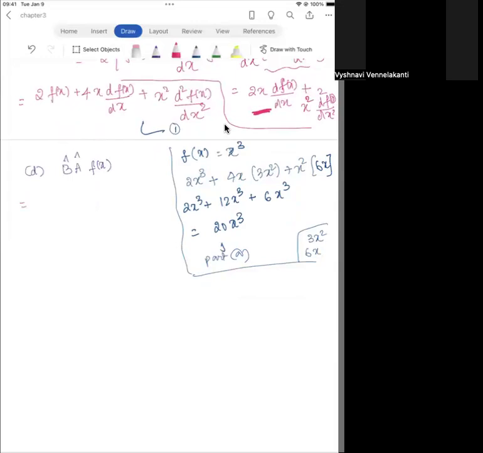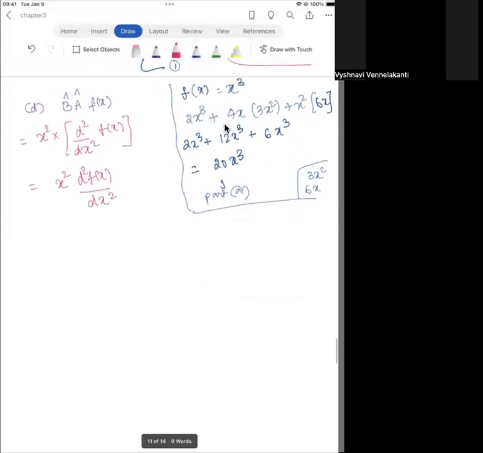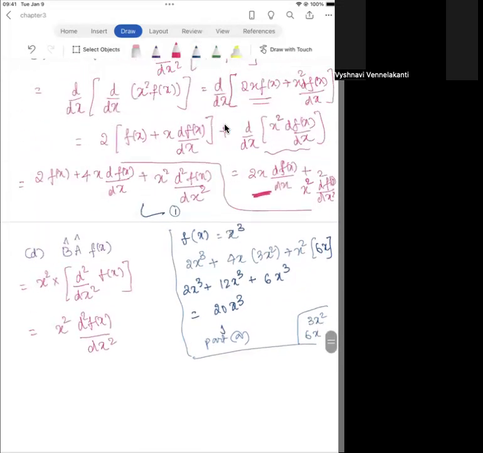Now let's work on this, which will be x squared multiplying the second derivative of f of x, which is literally just x squared d squared f of x over dx squared. Now, if you want to plug in here, you see clearly that equation 1 is not the same as equation 2.